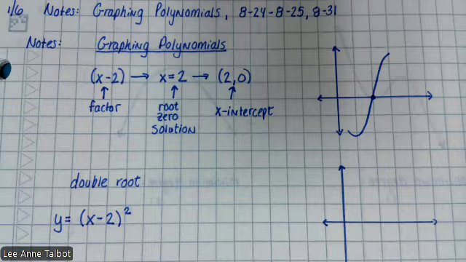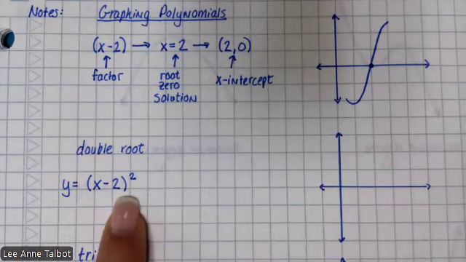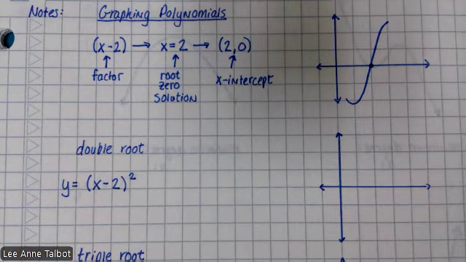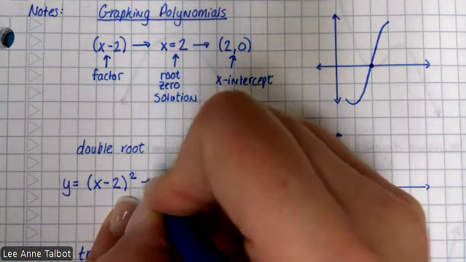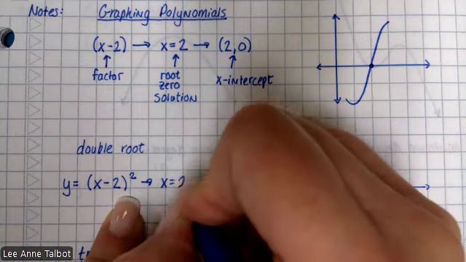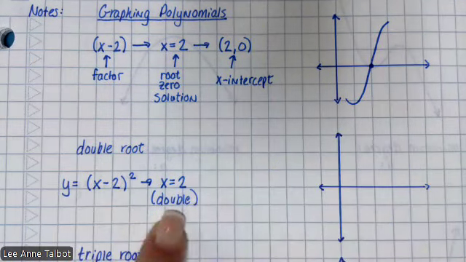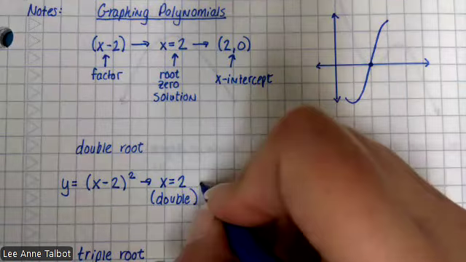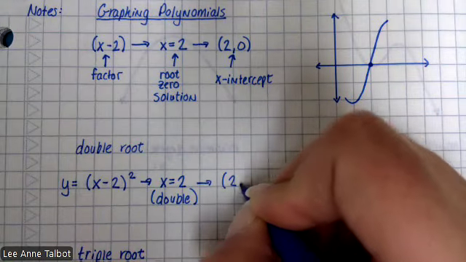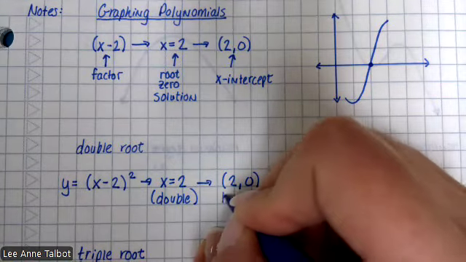So I have the same root, except for this one has a squared on it now, which makes it a double. So you will say x equals 2 double. We wrote this on our resource page yesterday. And that means that you have an x-intercept at 2, 0.